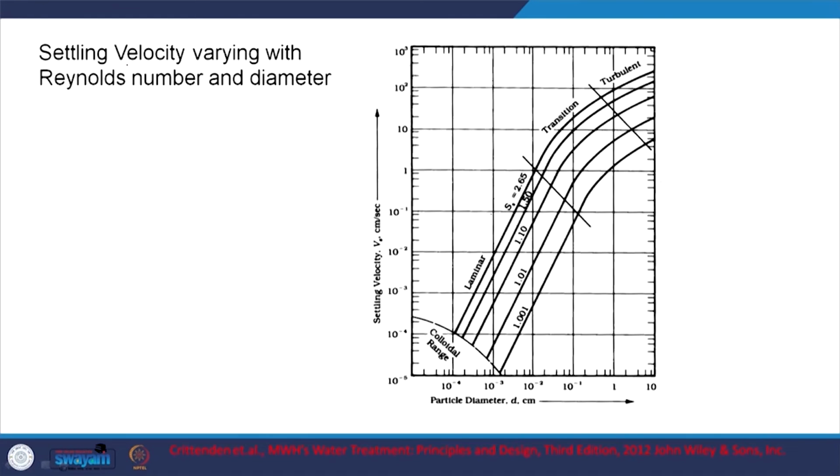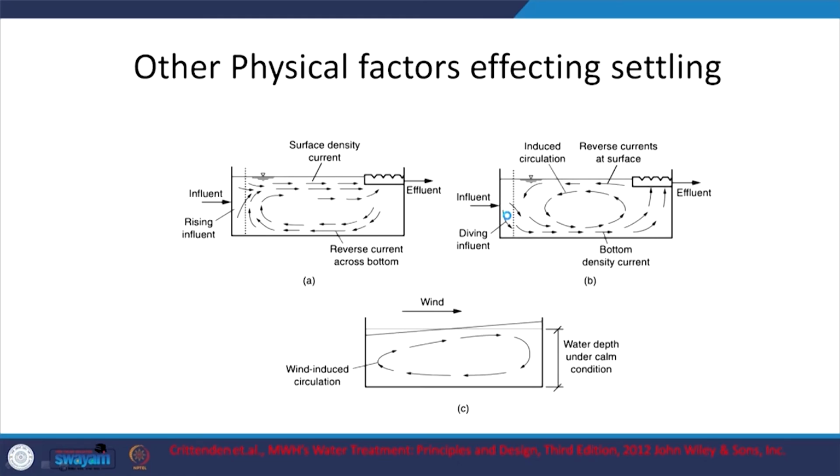Settling velocity will vary with both the Reynolds number and the diameter. For our particles of interest, which are relatively small, they will settle under laminar flow conditions, and because the size is small, their settling velocity is also relatively small. And with specific gravity, heavier particles will settle faster. That's something you can see here.